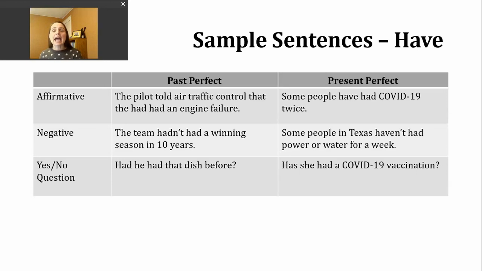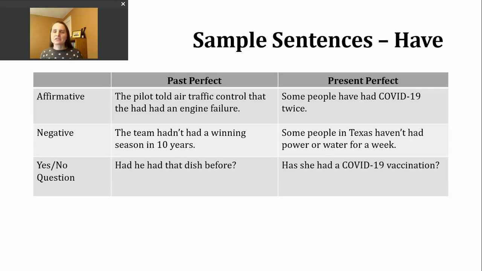Now let's take a look at the present perfect. In the present perfect, I am describing an action that started in the past and continues into the present, or I'm describing an action that occurred at some unknown time in the past. And it might not just matter if it happened one day ago, 1 week, 1 month, or 1 year in the past.